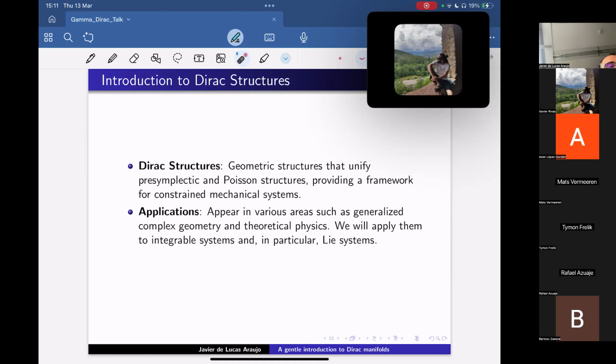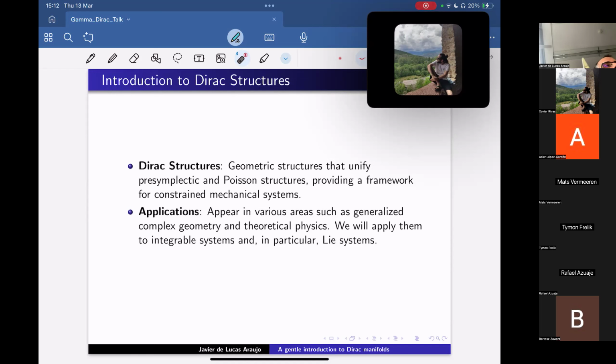As I said, I will fix this talk on an introduction to the mathematical properties of Dirac structures. As an application, I will describe integrable systems because I know that some of you are interested in that, and I will explain a little bit how they appear in this topic.